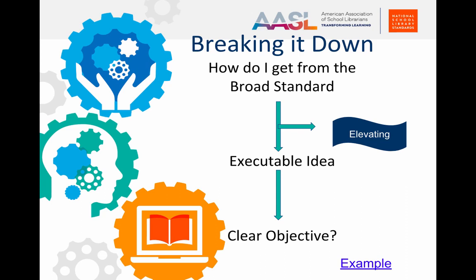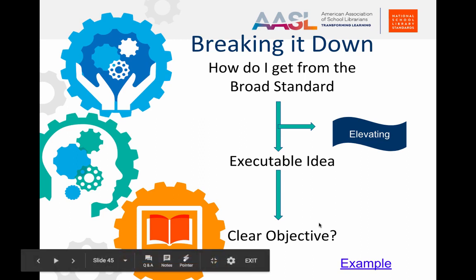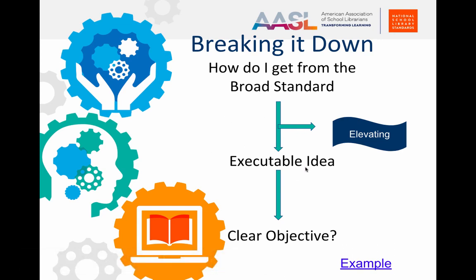What we need to add to that to make it as sharp and as definite as possible is a clear objective, so that we're taking this broad standard, and we're coming up with some activities, some materials, maybe some thinking and problem solving opportunities, definitely some higher order questioning.